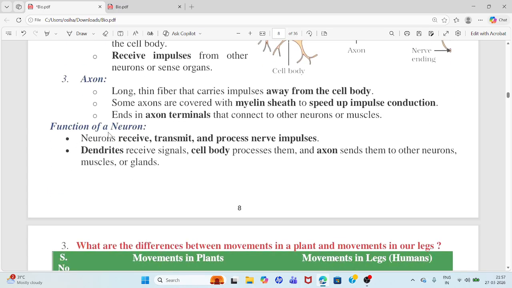Next, function of neuron: receive, transmit, and process nerve impulses. This is the function of neuron. Dendrites receive signals, then the cell body processes them. At last, axon sends them to other neurons, muscles, or glands.